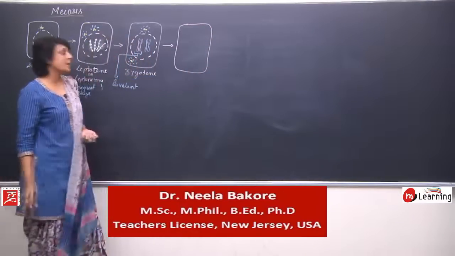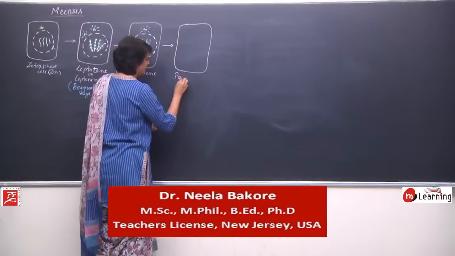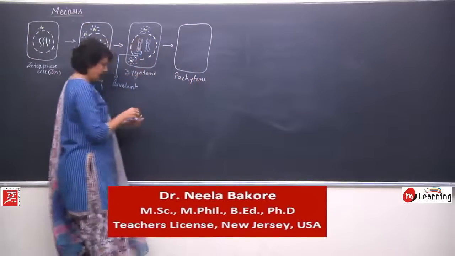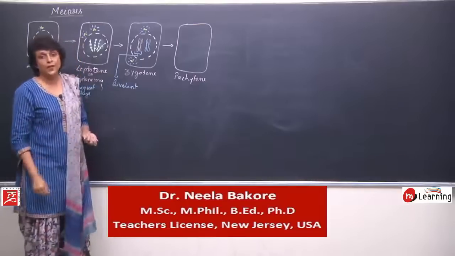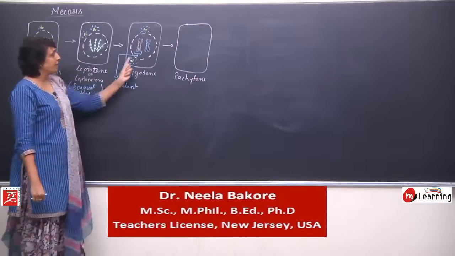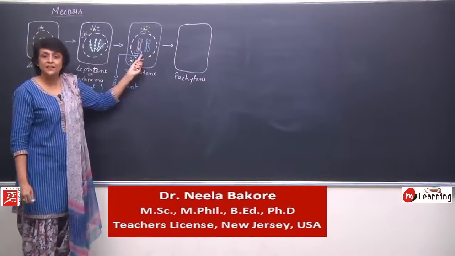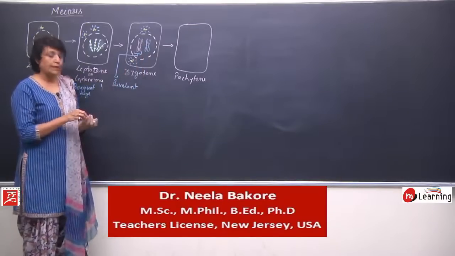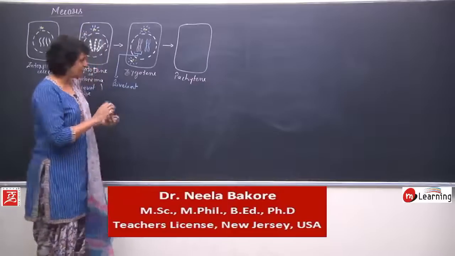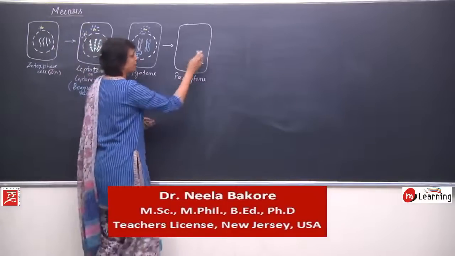Next subphase is pachytene. Many important things take place in this phase, in pachytene. These chromosome pairs, they will undergo vertical splitting. That means, I am going to draw a separate stage.